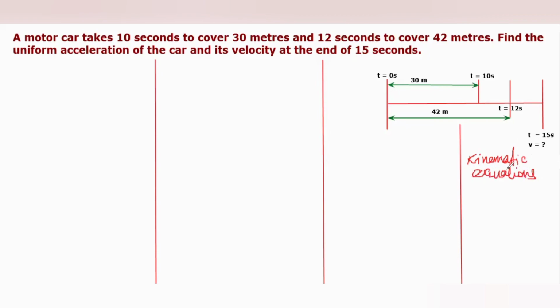We know the three equations: v equal u plus at, s equal ut plus half at square, v square equal u square plus 2as.